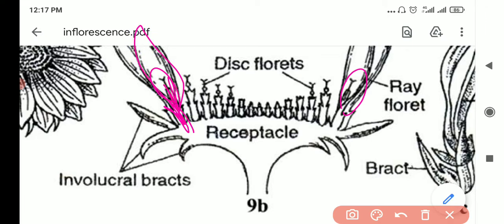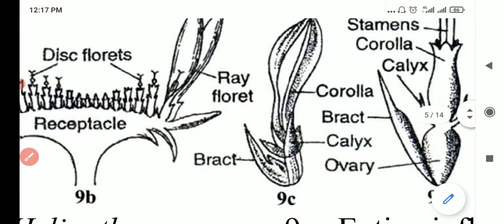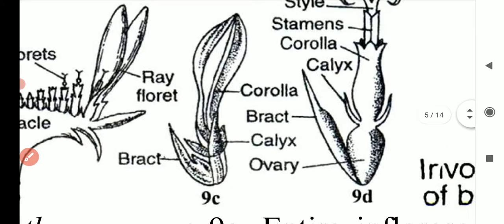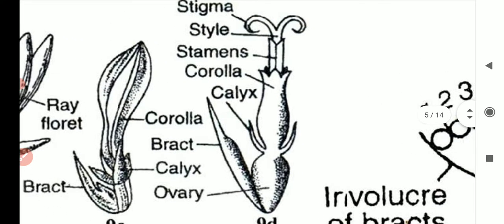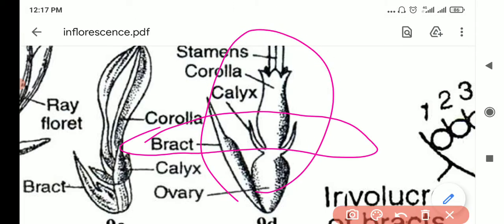All of this is on top of a saucer-like structure known as a receptacle. So you can see the expanded portion of the ray floret. You can see the bract, corolla, the calyx, the ovary, and you can see the expanded portion of the disc floret, this long one.